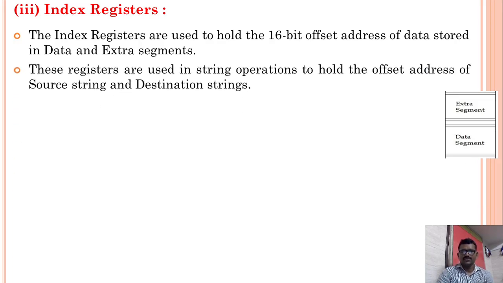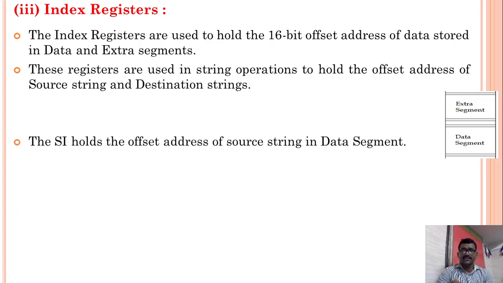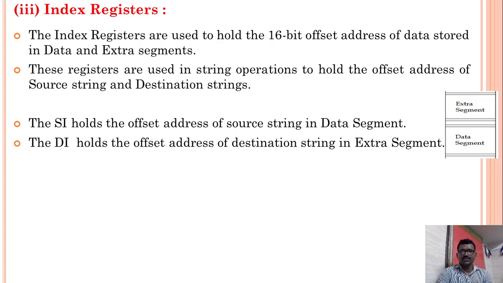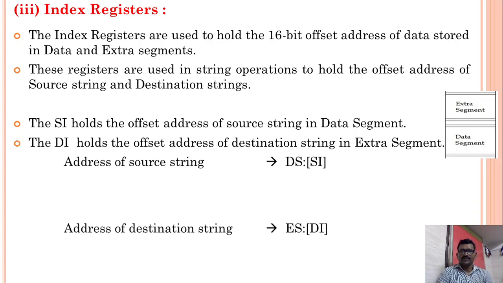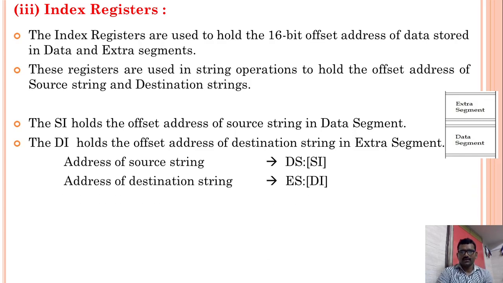These 2 registers, source index and destination index, are used in string operations to hold the offset address of a source string and destination string. Source index holds the offset address of the source string in data segment, and DI holds the offset address of the destination string in extra segment. It is denoted like this: DS colon SI, ES colon DI.